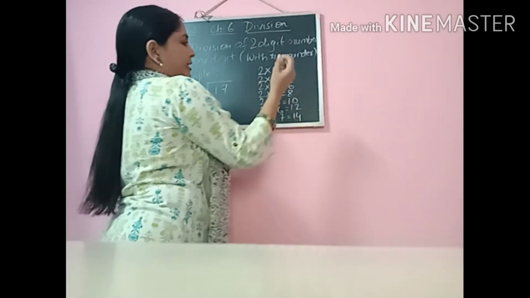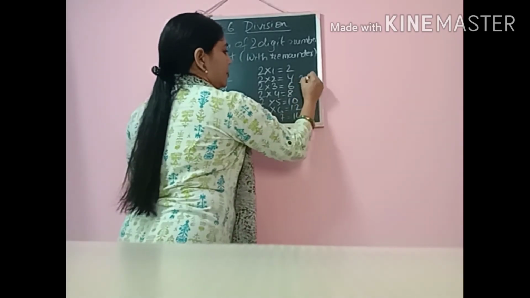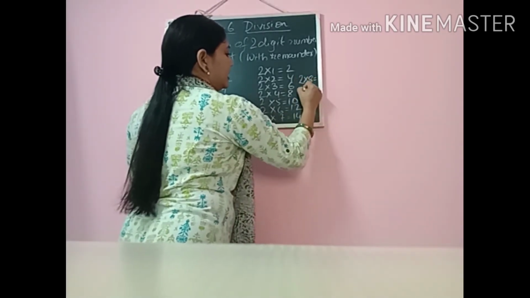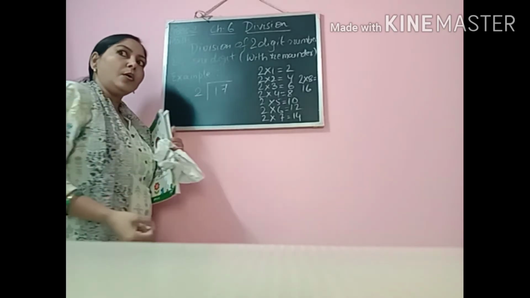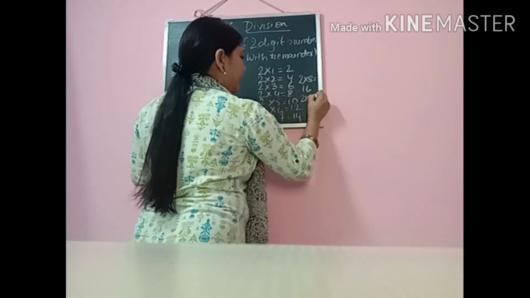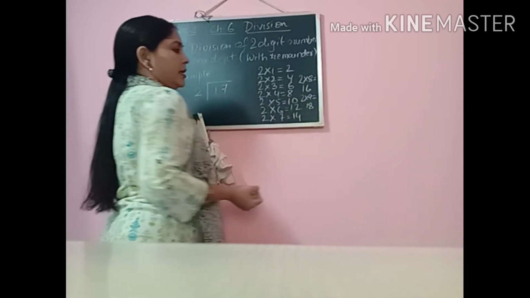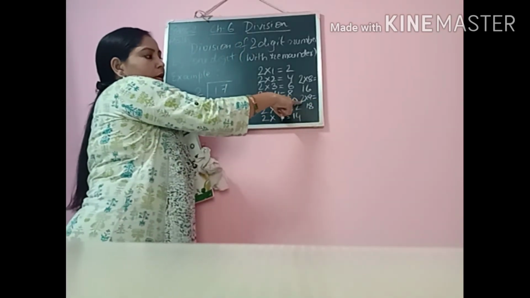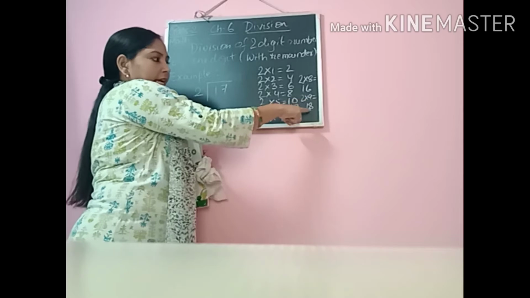Let's see, 2 8s are 16. Now 2 9s are 18.